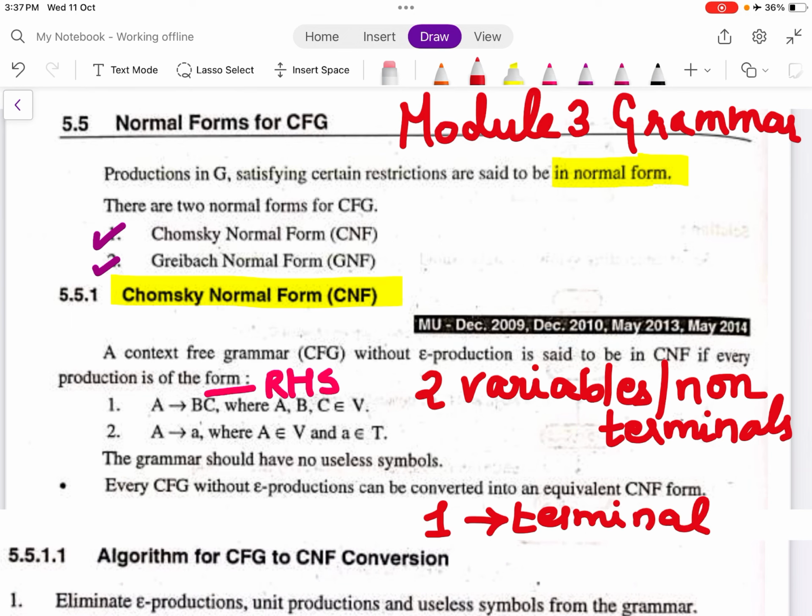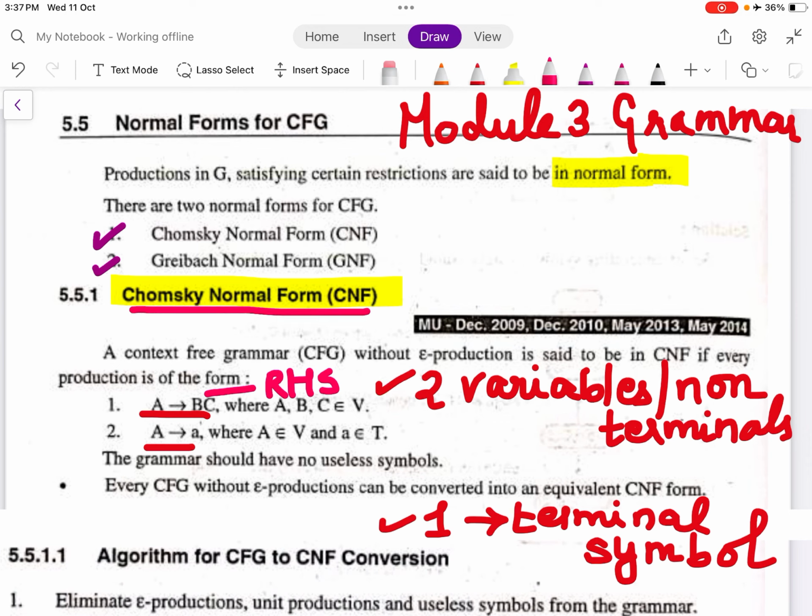So in the first example, A giving you BC, we have two non-terminals in the RHS, and in the second, A giving small a, we have one terminal in the RHS. So either you can have two non-terminals in the RHS or you can have one terminal symbol in the RHS. Then only we say that it is Chomsky normal form.